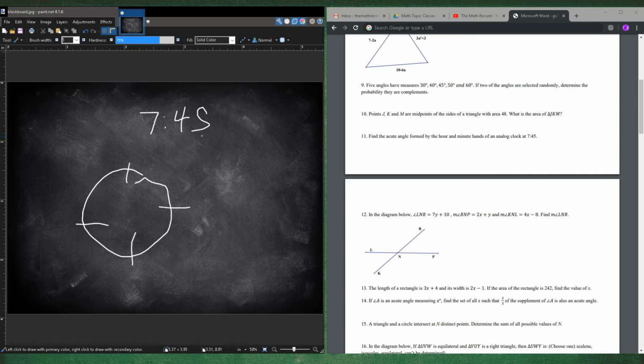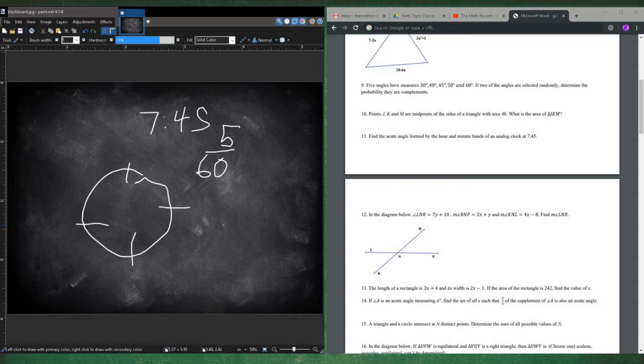Every 60 minutes that the minute hand moves, the hour hand moves 1 hour, which is 5 ticks, because 5 ticks represents 1 hour on the clock. So it's gonna have to move 60 ticks for the minute hand, for 5 ticks for the hour hand.